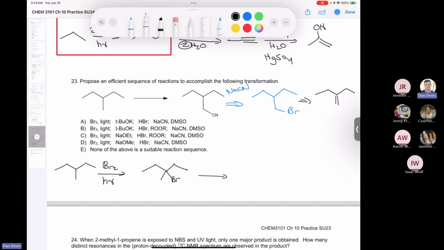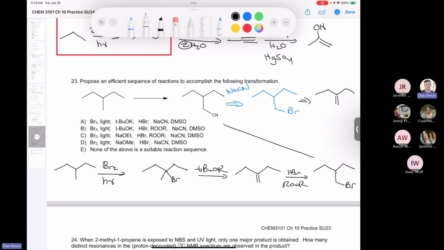For that, we're going to use a hindered base like t-butoxide, and that's going to give us the Hoffman alkene like this. Then we're going to do anti-Markovnikov addition of HBr. I'm running out of space here, so we'll do HBr and peroxides, which gives me this compound.